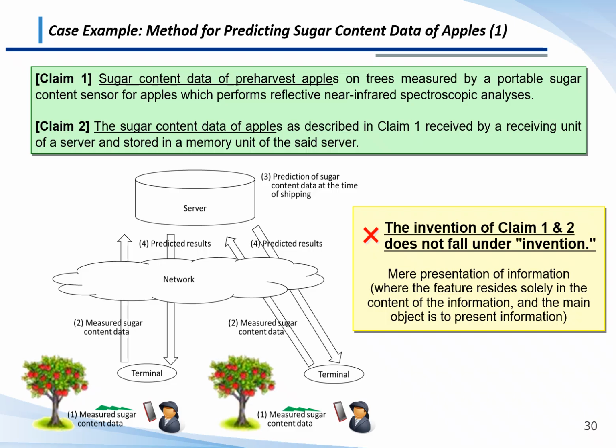And the invention of Claim 2 is the sugar content data of apples as described in Claim 1, received by a receiving unit of a server and stored in a memory unit of the server. In conclusion, the invention of Claim 1 or 2 is determined not to fall under a statutory invention. The reason is that the apple sugar content data described in Claim 1 or 2 is mere presentation of information.